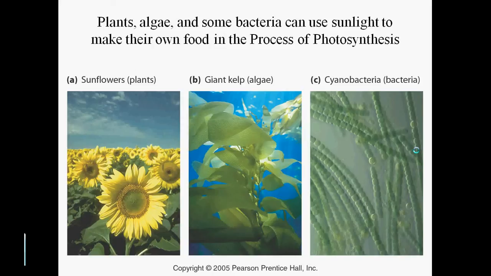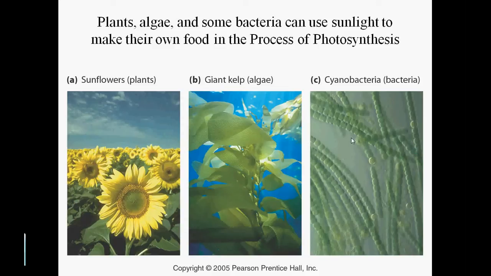So first, let's discuss the organisms that are able to use photosynthesis. And just a reminder, photosynthesis is the process in which, in layman's terms, organisms are able to use energy from the sun to make their own food, and particularly their own sugars.